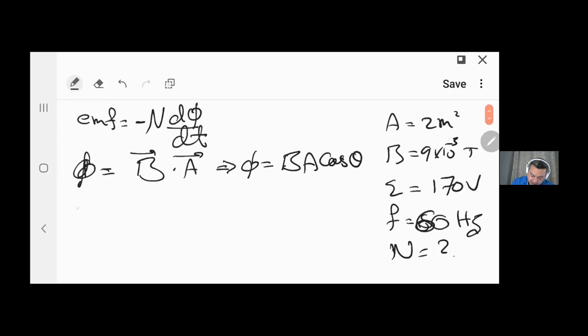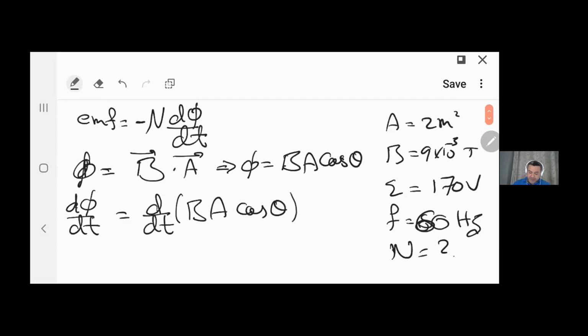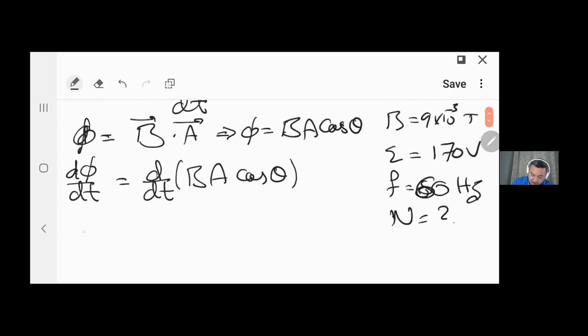If I want to take the derivative of phi with respect to t, it will be d phi over dt equals d over dt of B A cosine theta. Now, if I take the area as constant and what's varying is theta, then I can take B and A outside. So d phi over dt equals B A d over dt of cosine theta.